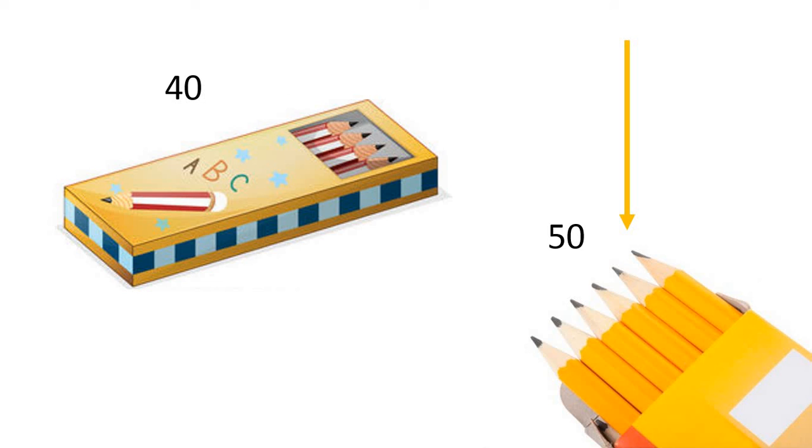Because if we buy 40 pencils, we will be short of 2 pencils. So kids, whenever such situations arise, we need to round off the number towards the upper side.